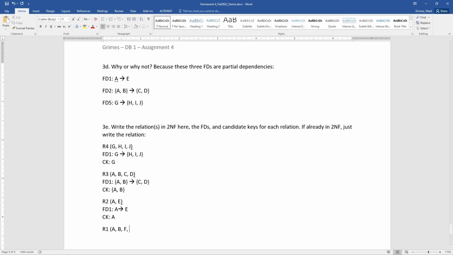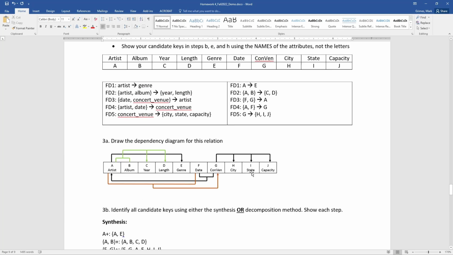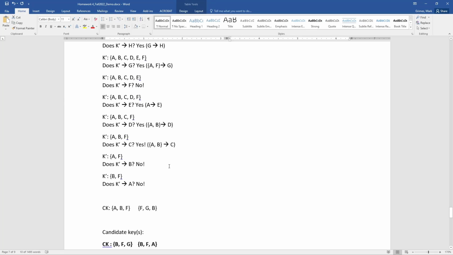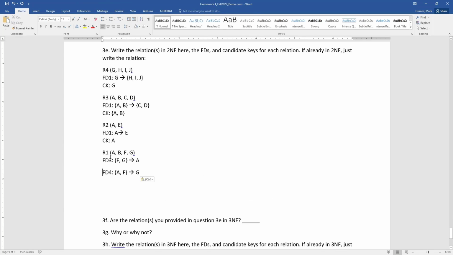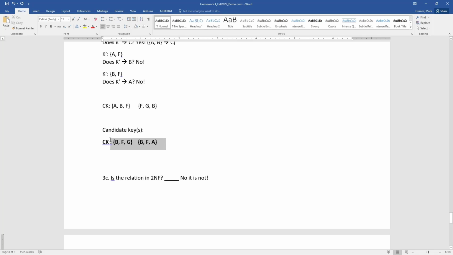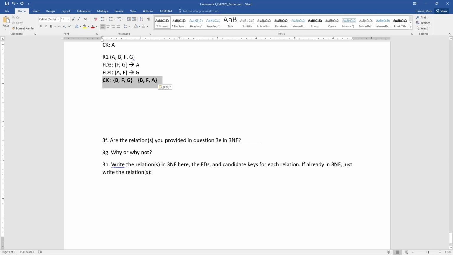So we're going to have A, B, F, and G. And it's going to have these other two functional dependencies we started with, FG determines A and AF determines G. And then it's going to have the candidate keys that we previously identified of BFG and BFA.